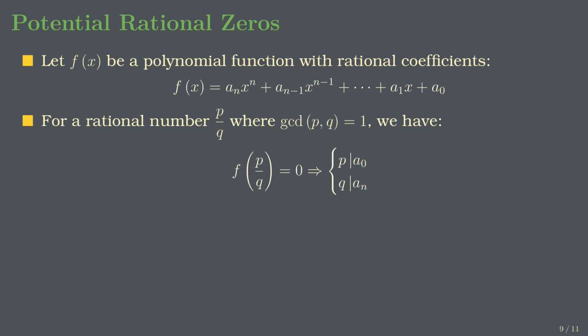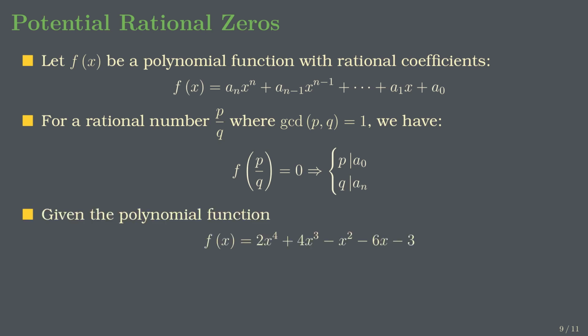This is the criterion for a rational number p over q to be a zero of f. Suppose that the greatest common divisor of p and q is 1, meaning that they are coprime. Then if f(p/q) is 0, then p must be a divisor of the constant coefficient a0, and q must be a divisor of the leading coefficient an.